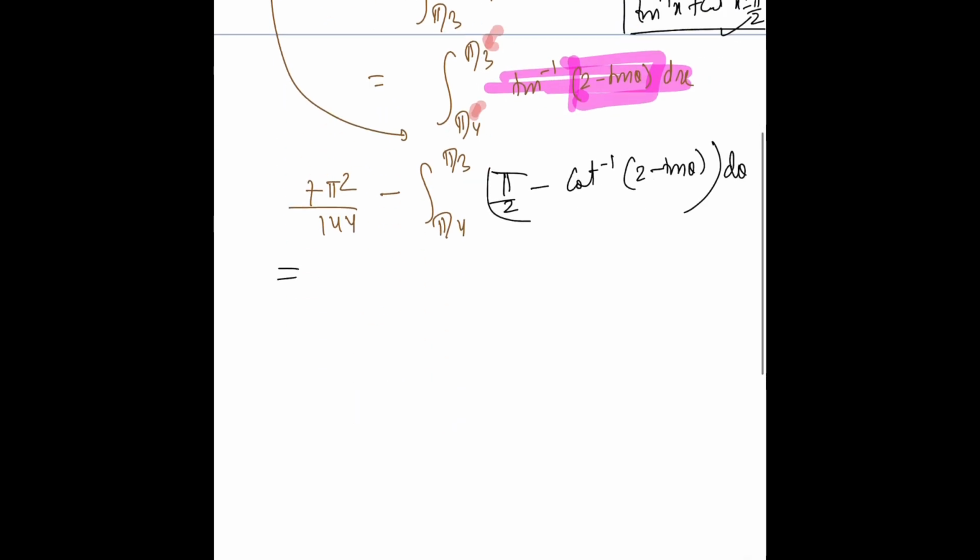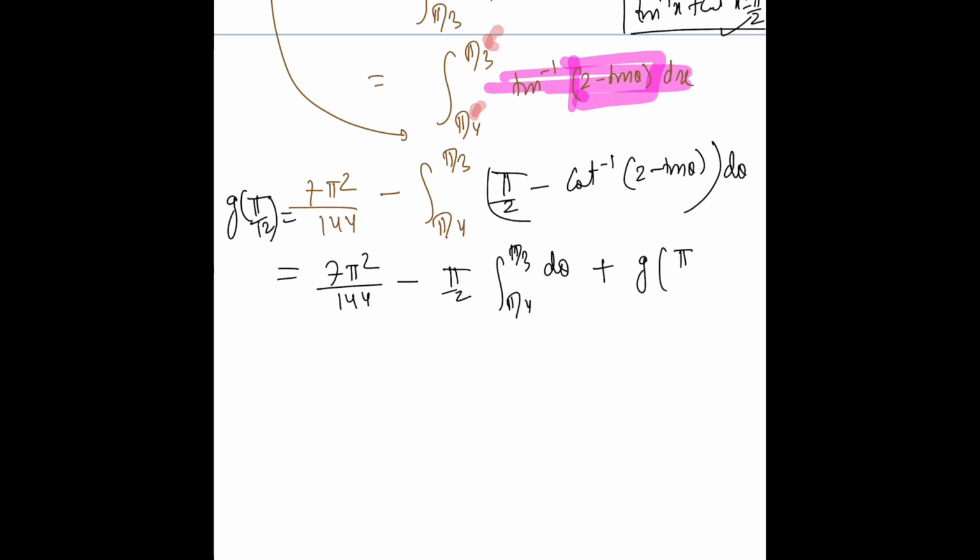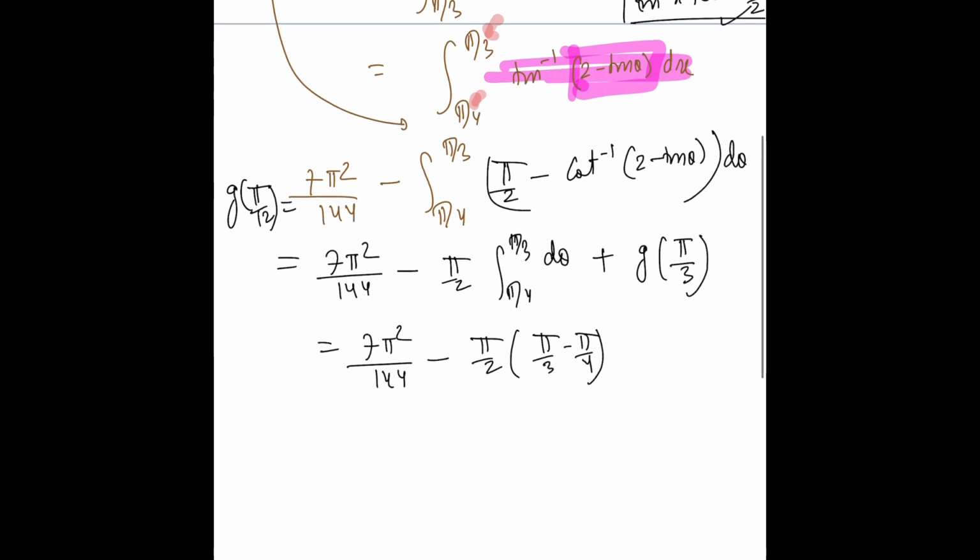And now that solves the problem, because we have g of pi by 12 equals this one, 7 pi square by 144 minus the integral from pi over 4 to pi over 3 of (pi by 2 minus cot inverse of 2 minus tan theta) d theta, and that plus is nothing but the definition of g of pi by 3. So evaluating this, 7 pi square by 144 minus pi over 2 into (pi by 3 minus pi by 4), so that will give pi by 12, plus g of pi over 3.